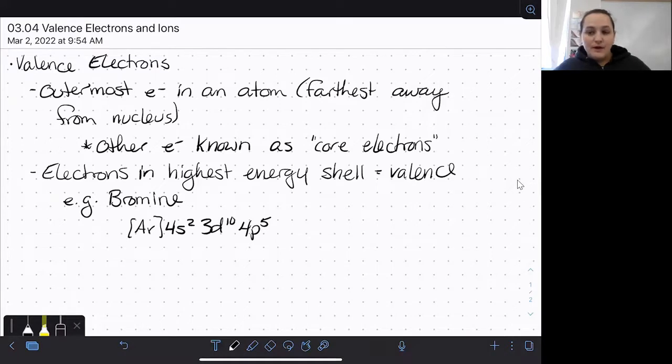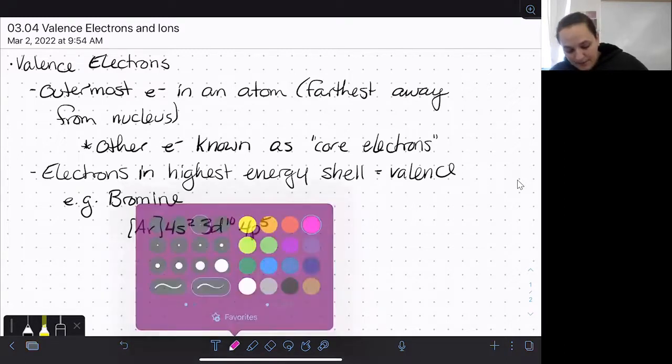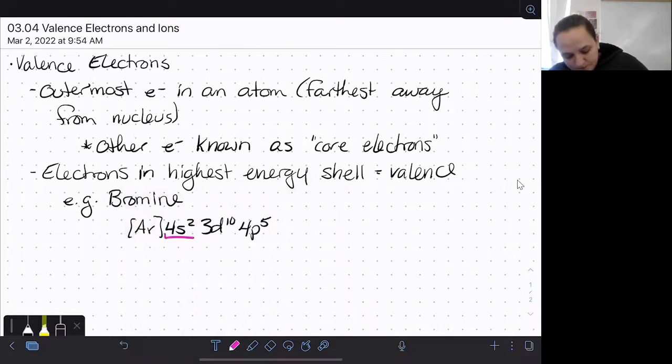So remember that the big numbers, the coefficients, are the shell number. So if we're looking to identify valence electrons, we're looking for the highest shell number. So that would be these electrons in the n equals 4 shell.